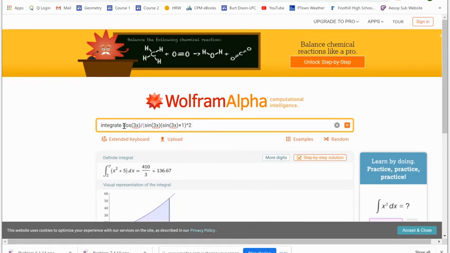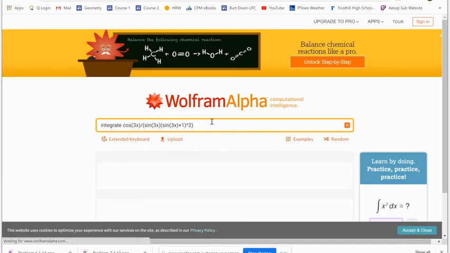This one actually doesn't have endpoints, so we'll just leave it like that. So we want to integrate that expression. I'll close the parentheses for the bottom and then press enter.